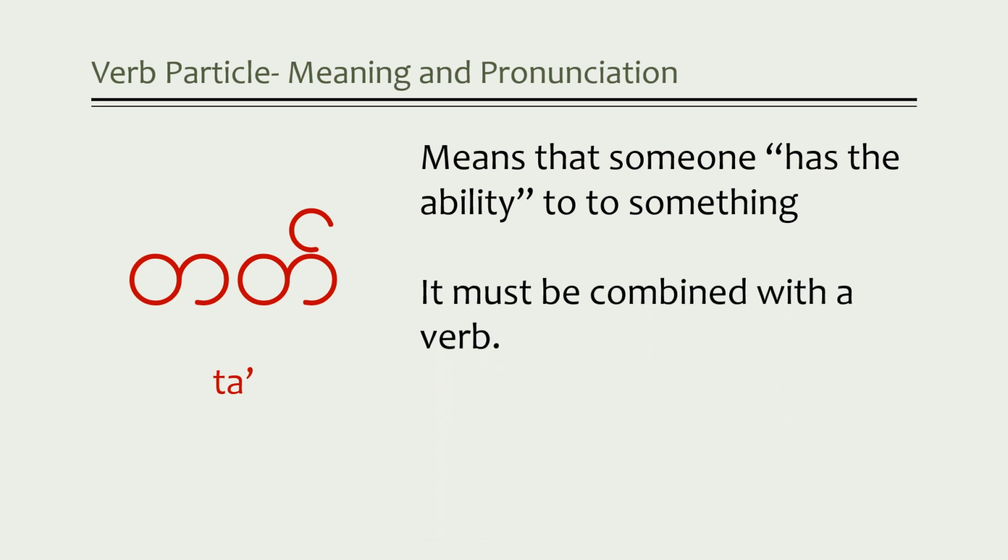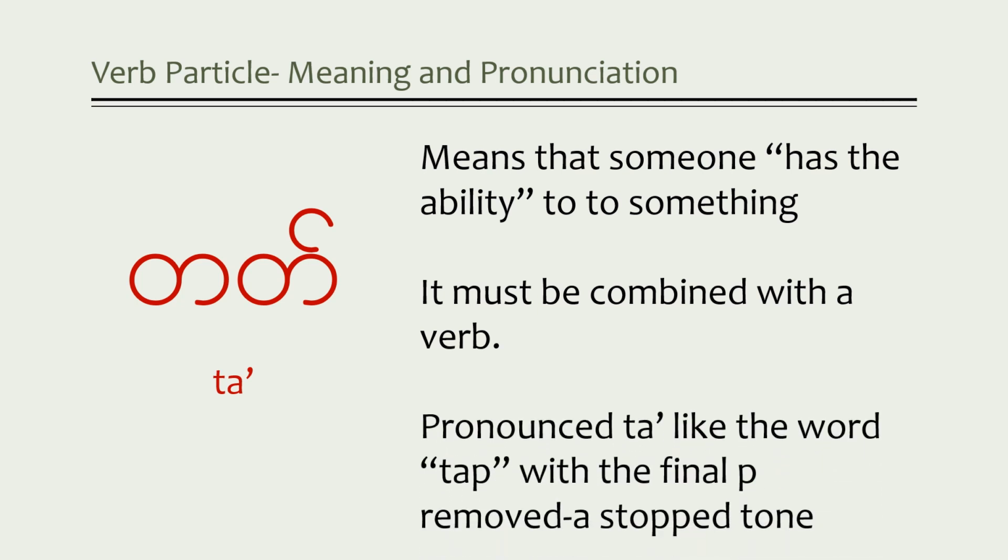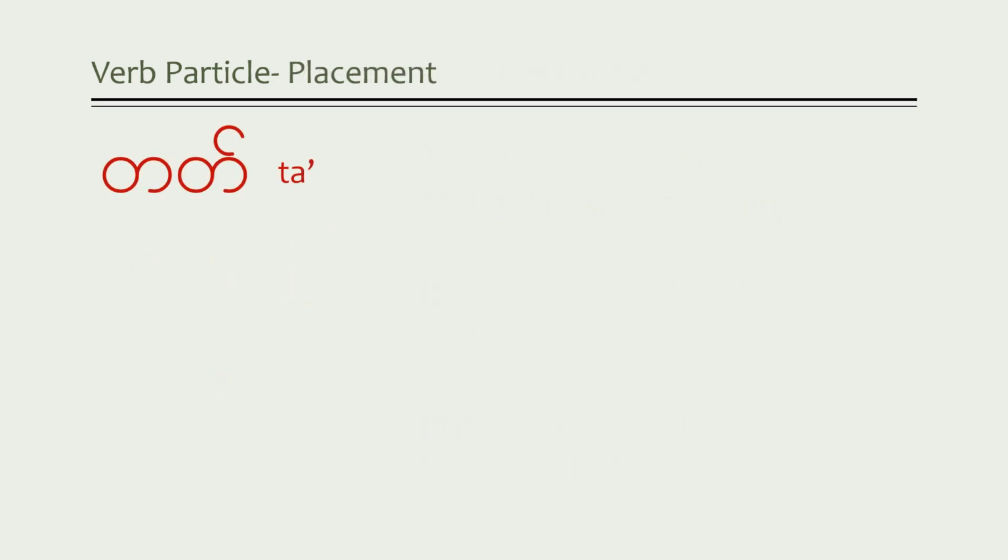It also has to be combined with a verb, just like all of the other helping verbs. And it's pronounced da, which sounds like the word tap, but with the final P sound left off and an abrupt ending, and that's the stop tone in Myanmar. Da.